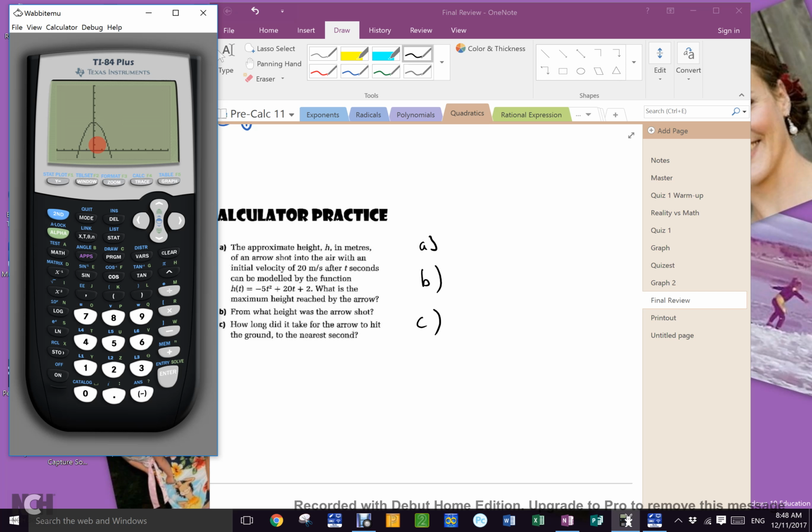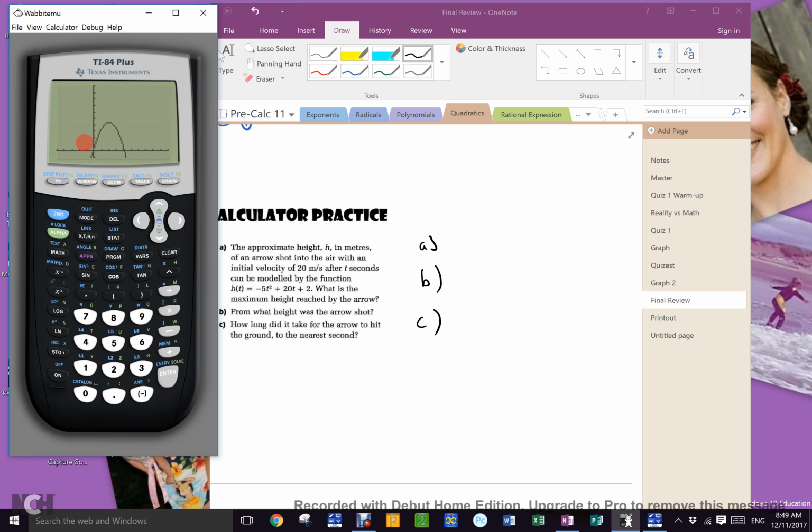Right? Okay. Negative 5t squared. Negative 5. Oh, I forgot the second x. X plus 2. Now, still fits on my graph, right? Okay, so what is the maximum height reached by the arrow?